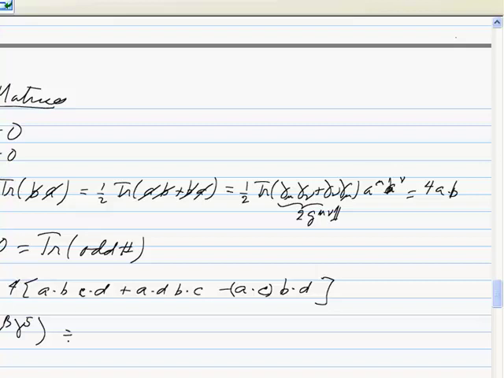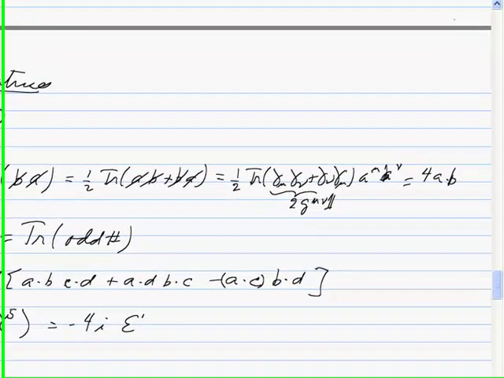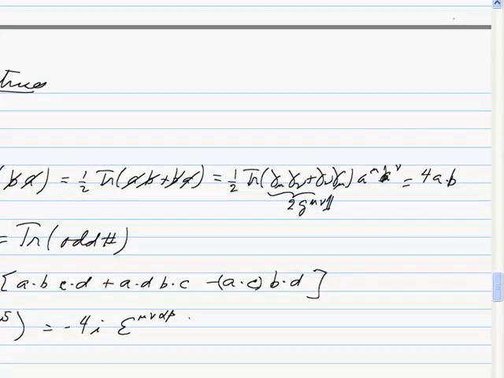This you can prove is totally anti-symmetric. There's only one thing that's totally anti-symmetric, and that's the epsilon tensor. Then you do one example. It turns out to be minus 4i epsilon mu nu alpha beta.